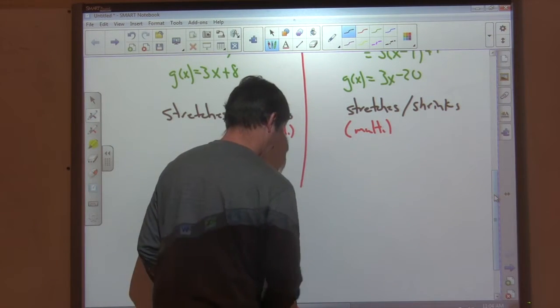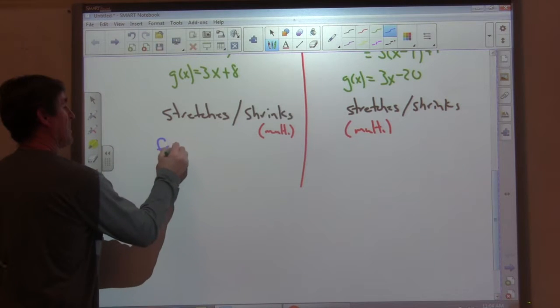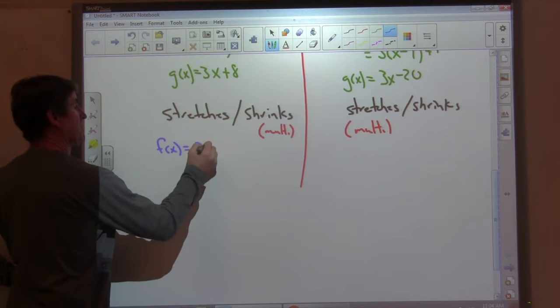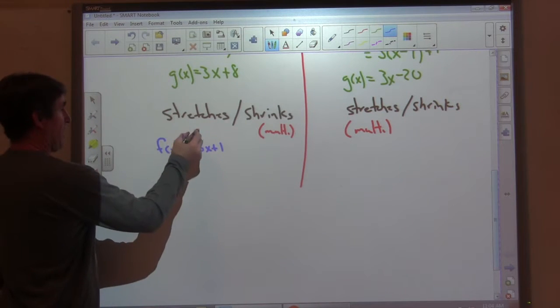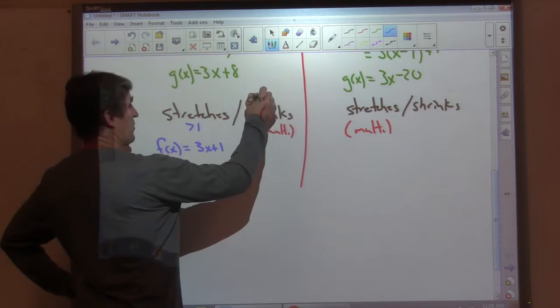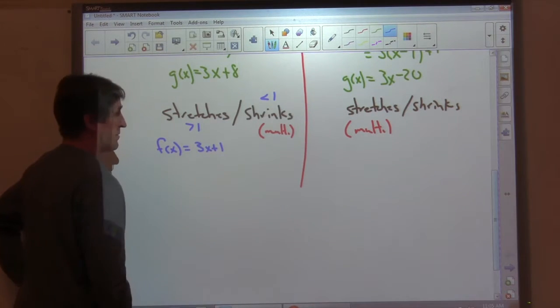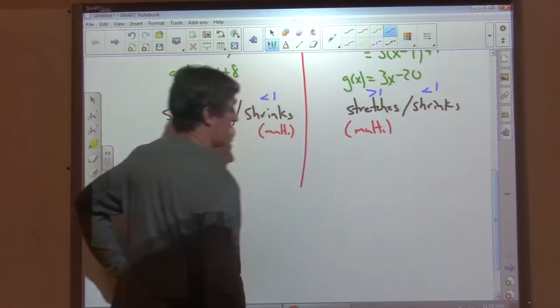Okay? So if we go back to that first function we did, f of x equals 3x plus 1, stretches are when the value is greater than 1, and shrinks are when the value is less than 1. Same thing over here. Greater than 1, less than 1.